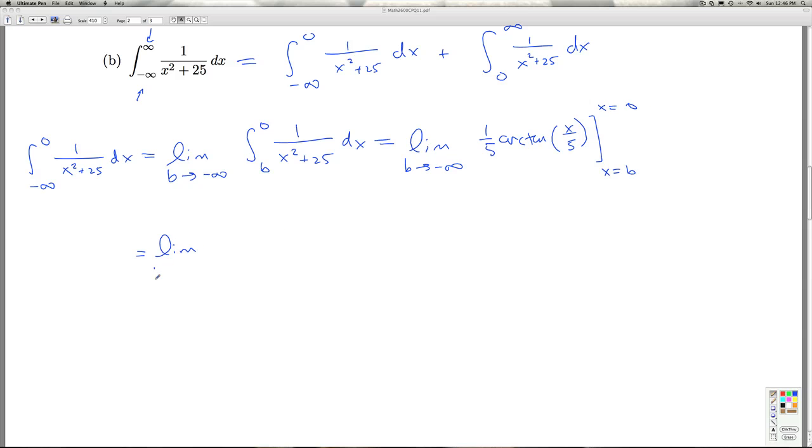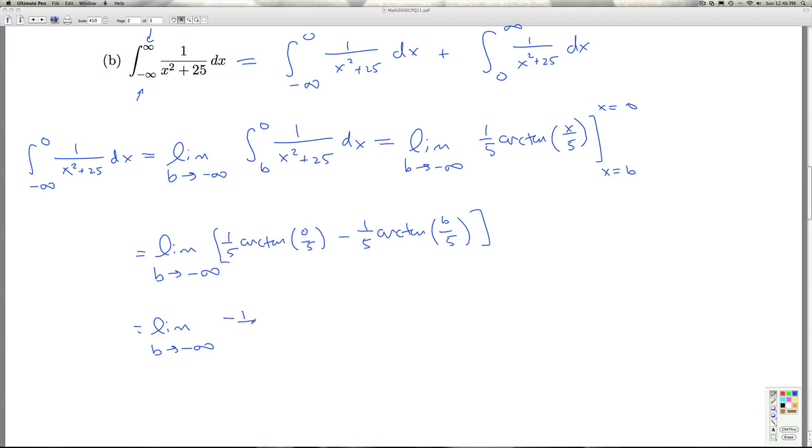This gives us the limit as b goes off to negative infinity. Substitute in, I get 1/5 arctangent of 0 over 5 minus 1/5 arctangent of b over 5. So this is the limit as b goes off to negative infinity. Arctangent of 0 is 0, so that zeroes out.